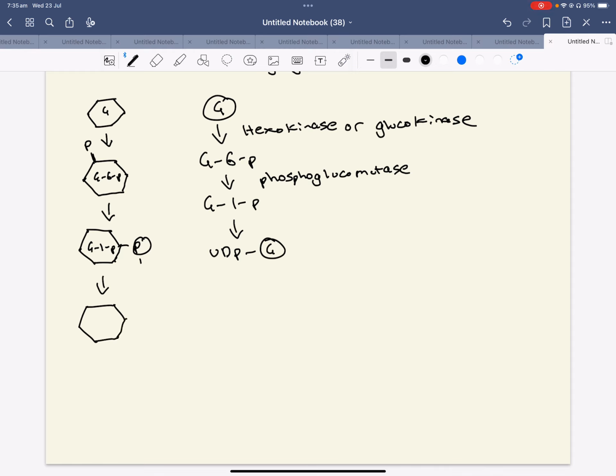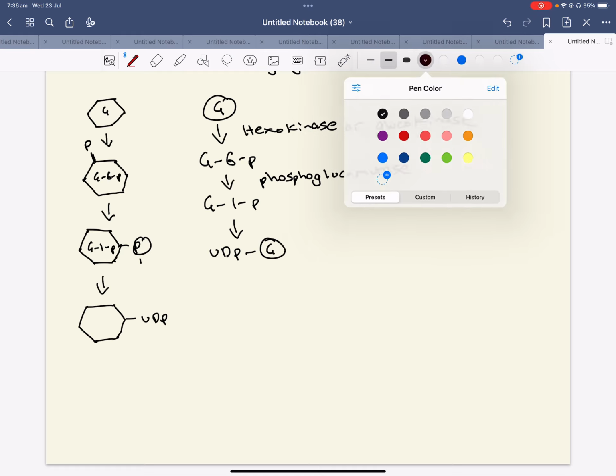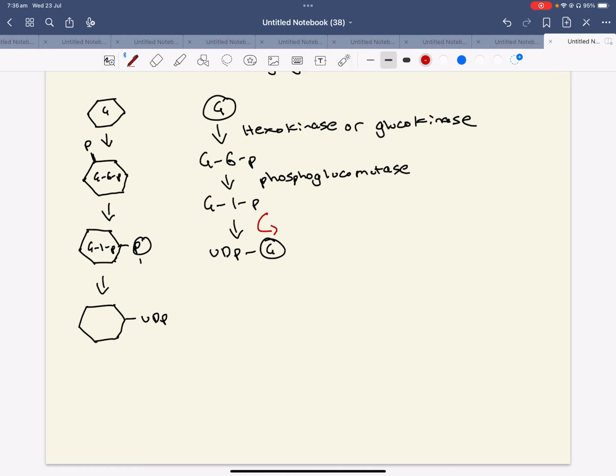And you're going to say, okay, how did you generate UDP? Okay, so in this step, what we've done is we've used UTP, right? And from UTP, we take off two phosphates to produce UMP.